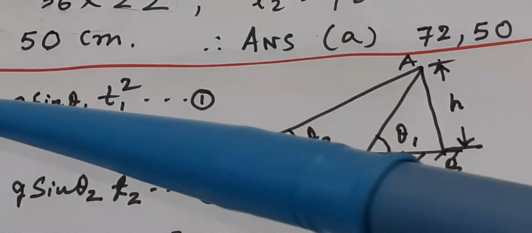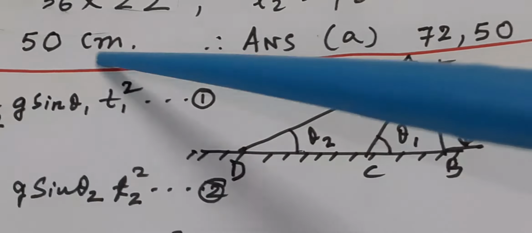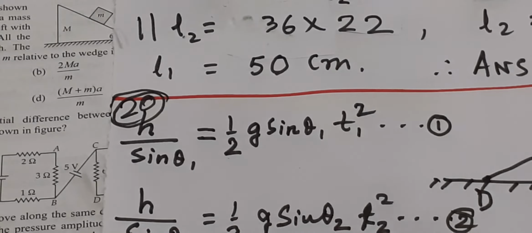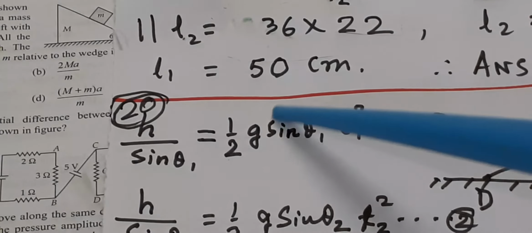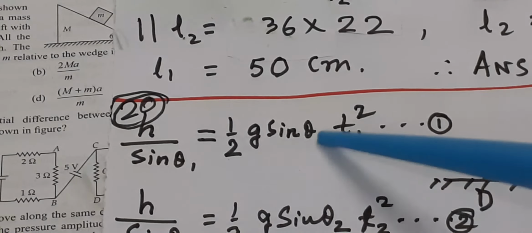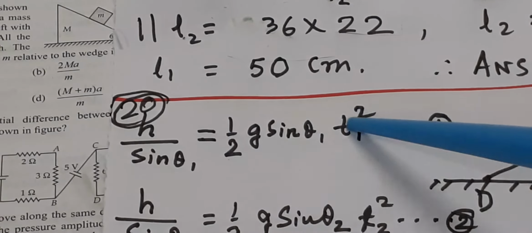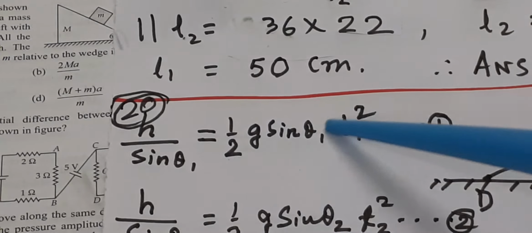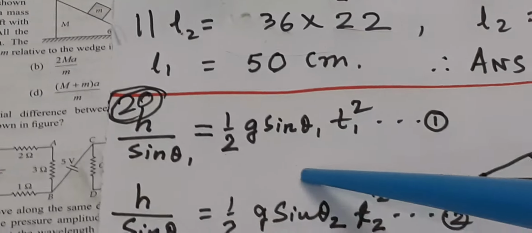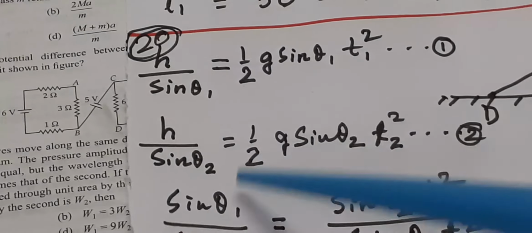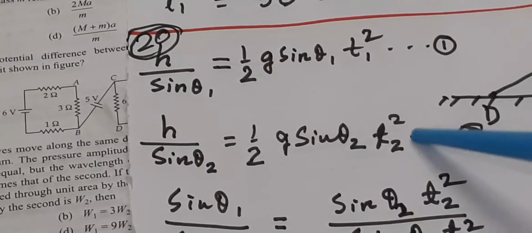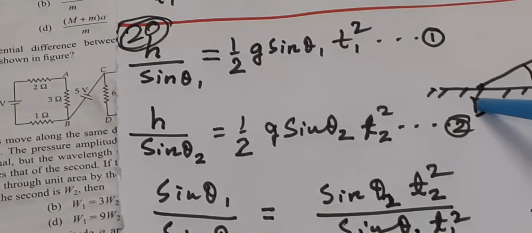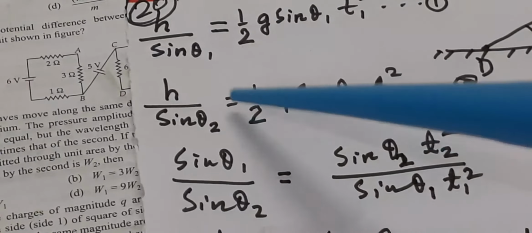So in the first situation h by sin theta 1 will be equal to half g sin theta 1, that is the acceleration along the incline, into t1 square. Similarly the other equation will be half g sin theta 2 into t2 square. Just make a ratio of these two, h will get cancelled.